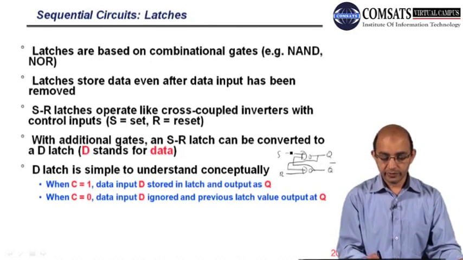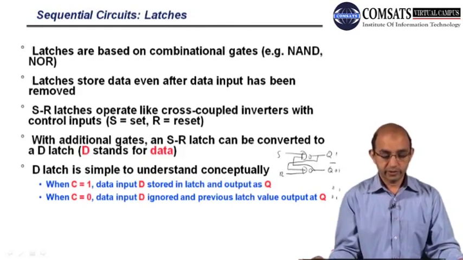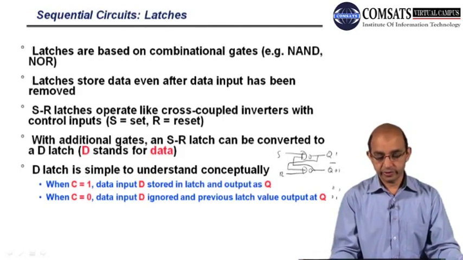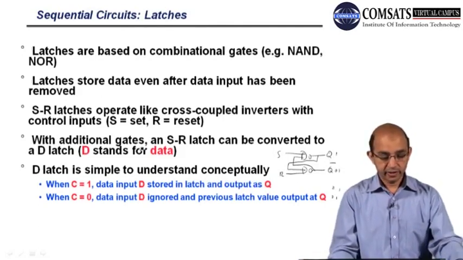We normally say they are always opposite to each other, if 1 here then 0 here, but we have a condition where we have 0 0 or 1 1. So this is not true. This is set and this is reset.